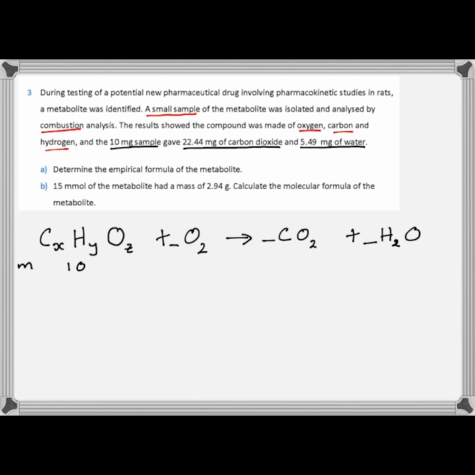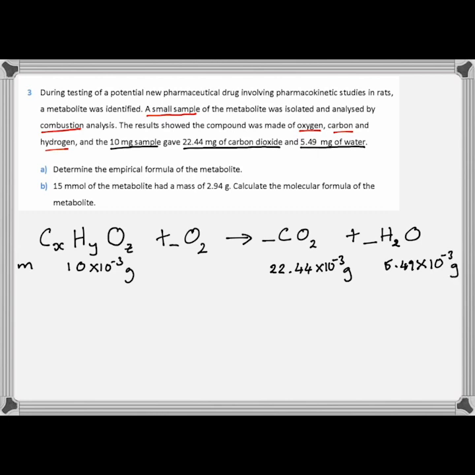It's best to convert this into grams, so that's easy. 10 times 10 to the minus 3, which is the same as dividing by 1,000. And we know it's producing 22.44 times 10 to the minus 3 grams of carbon dioxide, and 5.49 times 10 to the minus 3 grams of water.